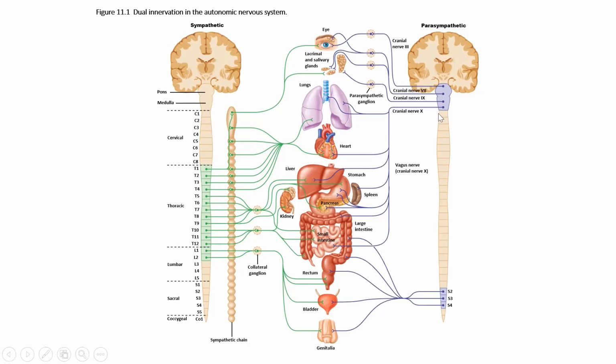It's coming from the brainstem, which are the cranial nerves 3, 7, 9, 10, as well as the sacral region of the spinal cord, S2, S3, S4. So the fibers that govern these two divisions of the autonomic nervous system arise from completely different locations. The length of the neurons are also different, and the association with the ganglia are also different. I'll talk about what those aspects mean here in a bit.